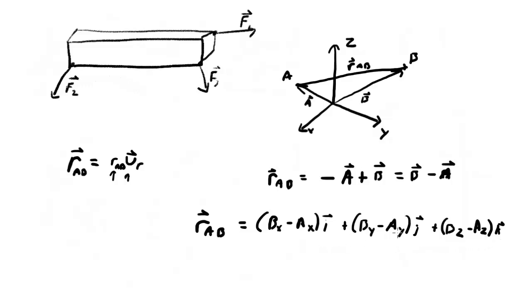Note that Ax, Ay, and Az just represents the coordinates of point A with respect to the origin. Similarly, Bx, By, and Bz represent the coordinates of point B with respect to the origin.